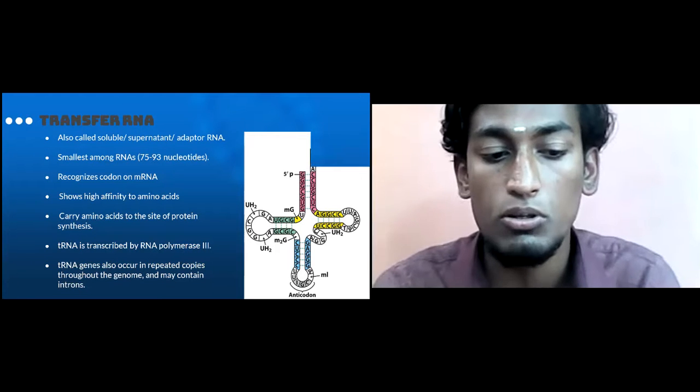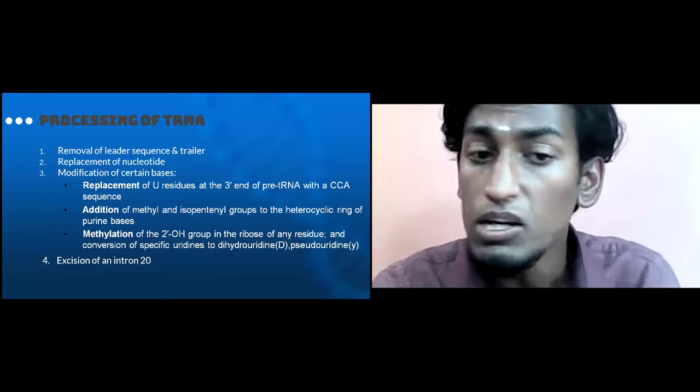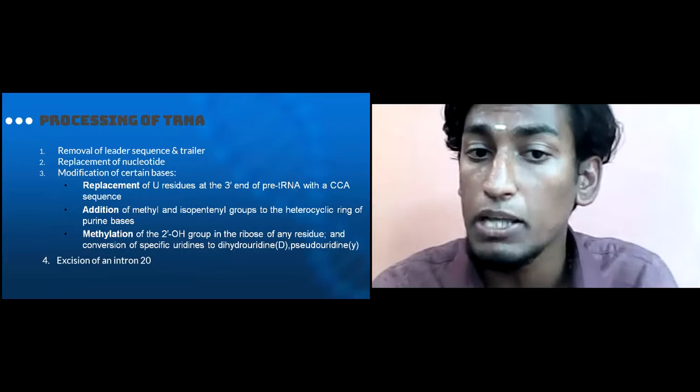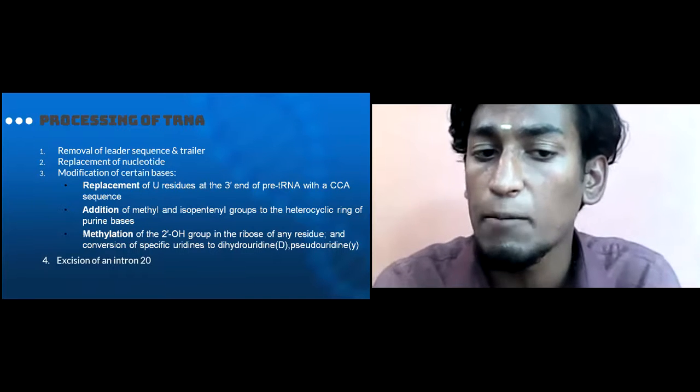And let me talk about the processing of tRNA, which is the removal of the leader sequence and the tailor sequence, and replacement of nucleotides. This modification of certain bases undergoes three processes.